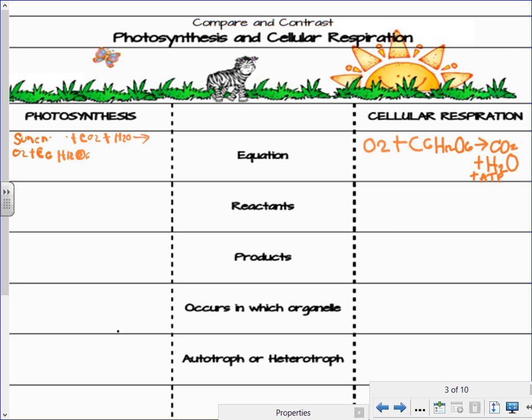You react when things work together, don't you? When things are working together, there is a reaction. So what things are working together? That's what a reactant is. So underneath your word reactant, I want you to write things working together.